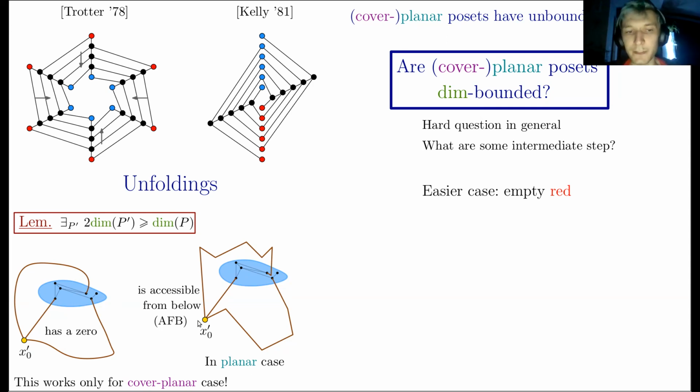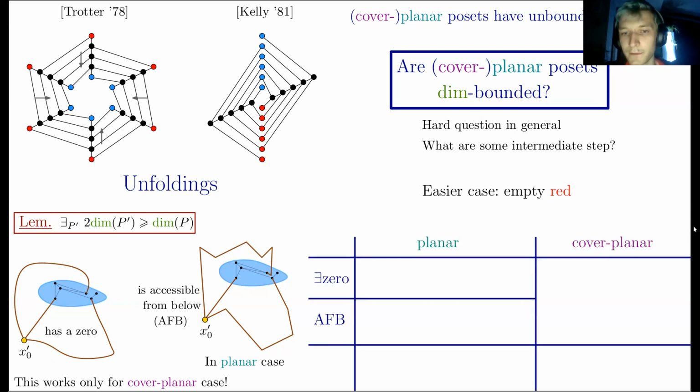And in the planar case, this blue poset is accessible from below, in the sense which I discussed a moment ago. So this case with empty red is different in both settings, but in both settings it gives us very valuable information: in this one that all elements are above one given element, and in this one that all elements are accessible from below.